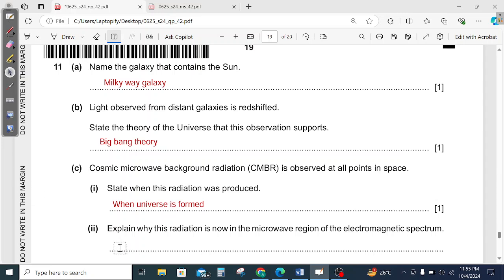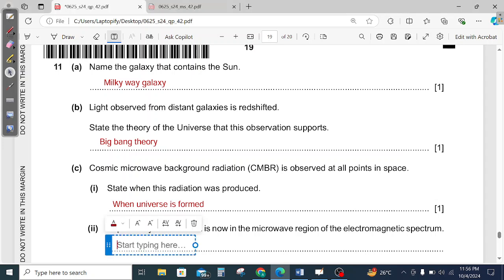So when the universe is expanding, the distance between the galaxies is also increasing. So the wavelength is expanding. That is why the color is shifting towards the red shift and microwaves, because of the expansion of the universe.